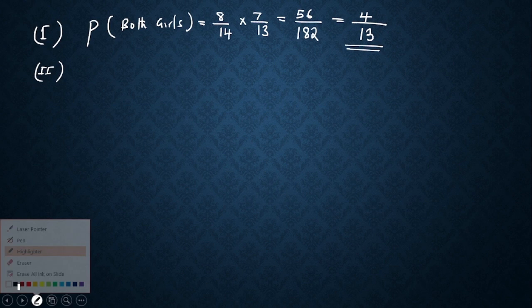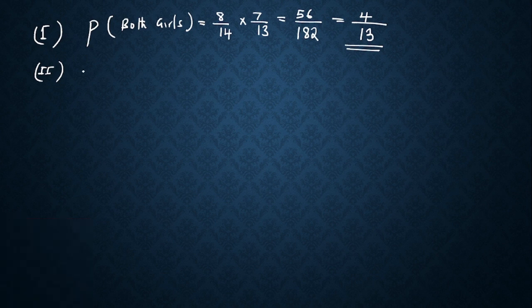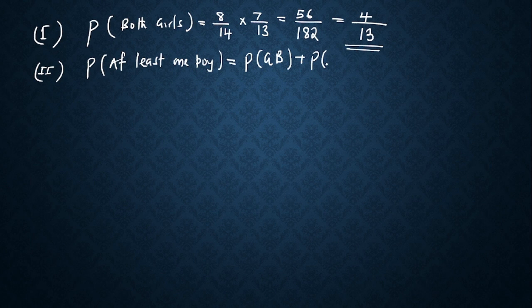We are going to say that the probability of at least one should be a boy would be the probability of either picking a girl and a boy, plus the probability of picking a boy and a girl, or the probability of picking both, which are boys.